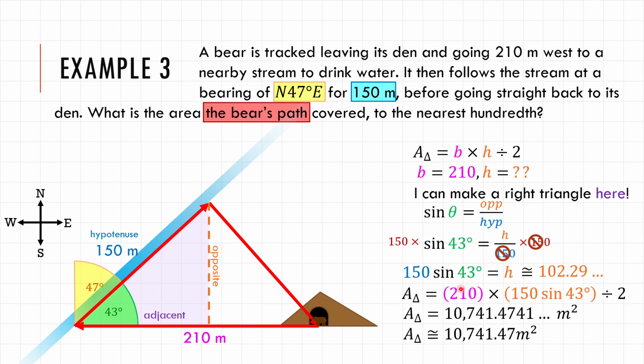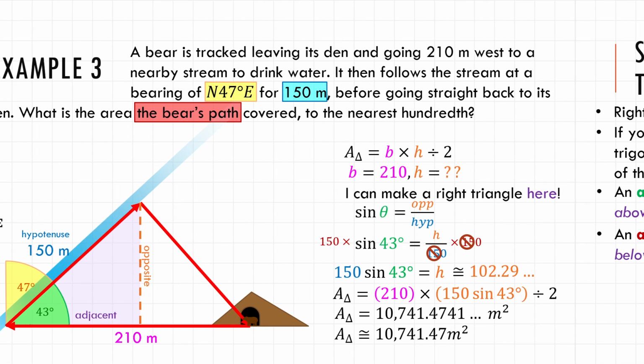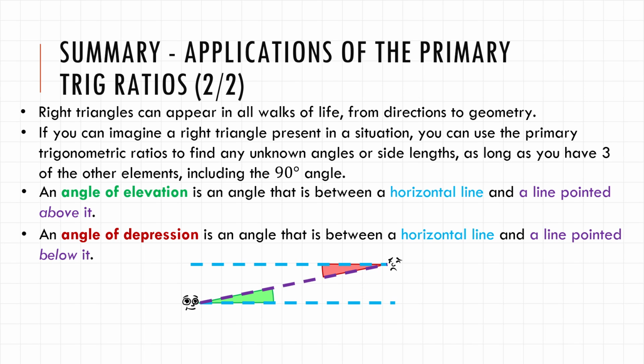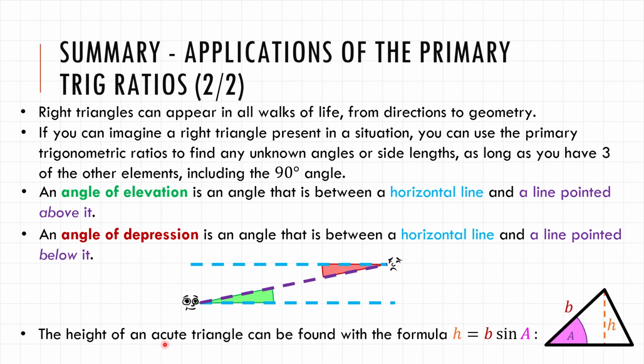So that angle right here in this case is 43 degrees. In a nutshell, the height of any acute triangle can actually be found by making a right triangle, because the height always makes a perpendicular angle with the base. It can always be found using this formula, where the height is equal to b times sine of a.